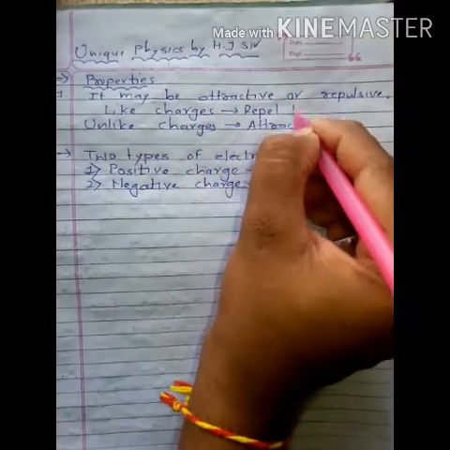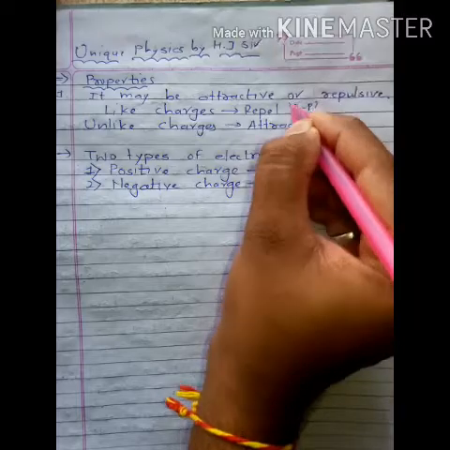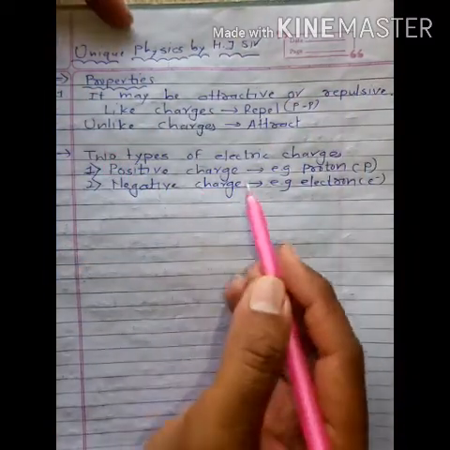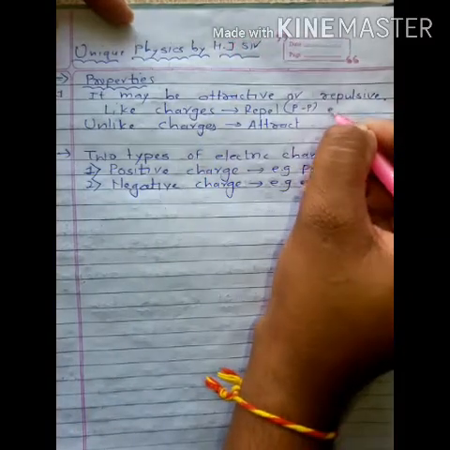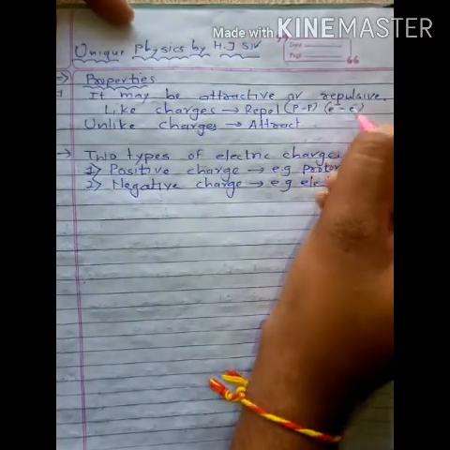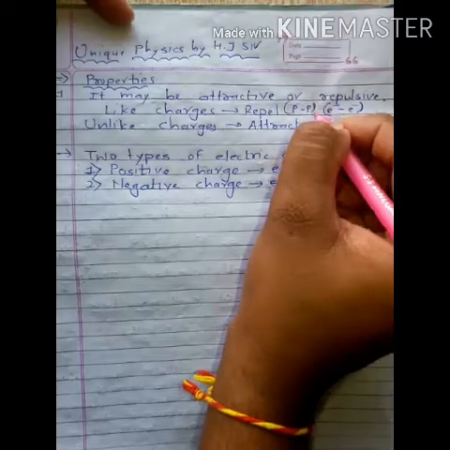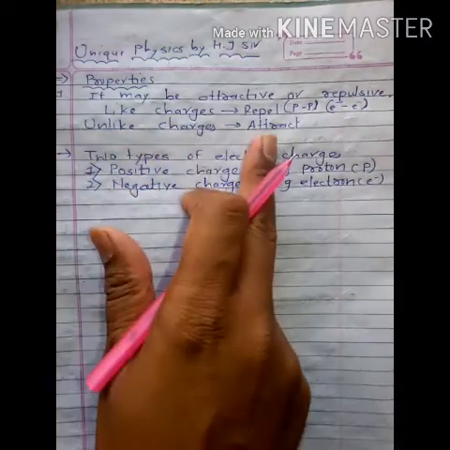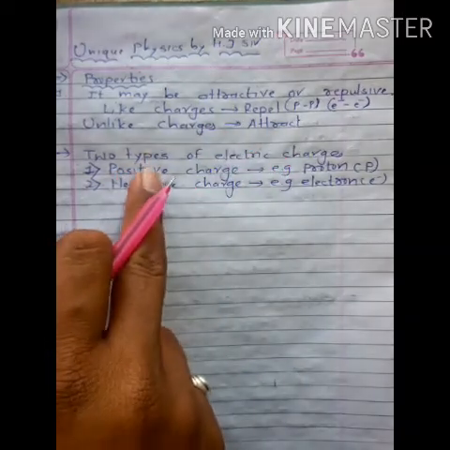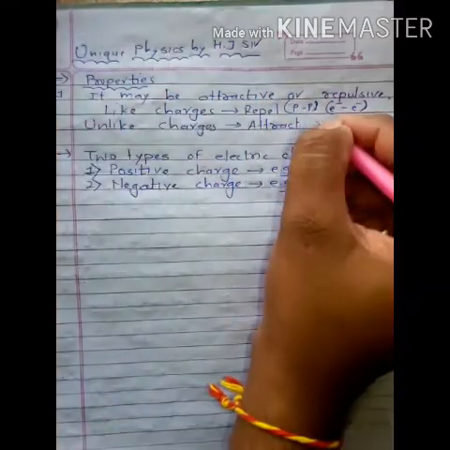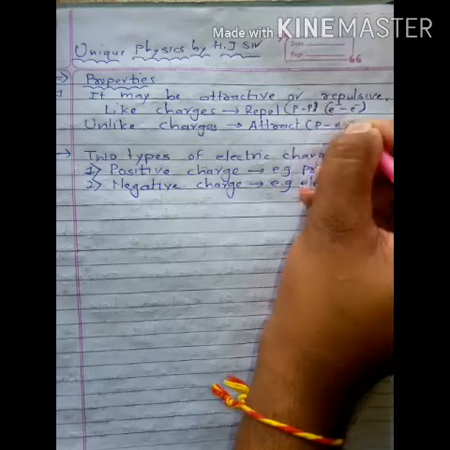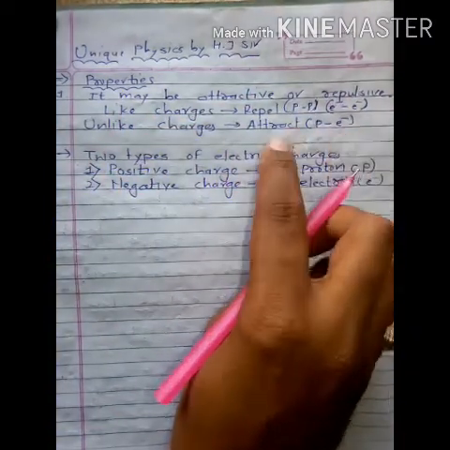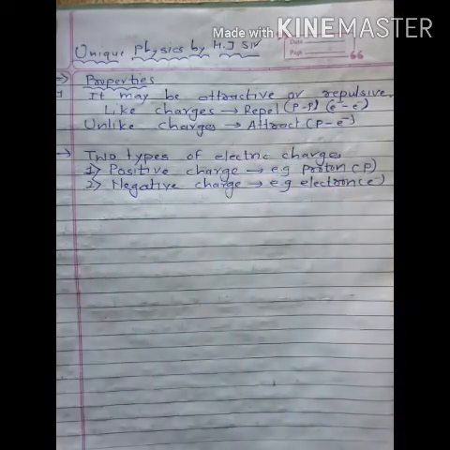Suppose we have two protons, they will repel each other. Suppose we have two electrons, e minus, e minus, again they will repel each other. Similarly, unlike charges attract each other. Unlike means the first charge is positive and the second charge is negative. Suppose we have a proton and an electron, positive and negative charged particles, so they will attract each other.